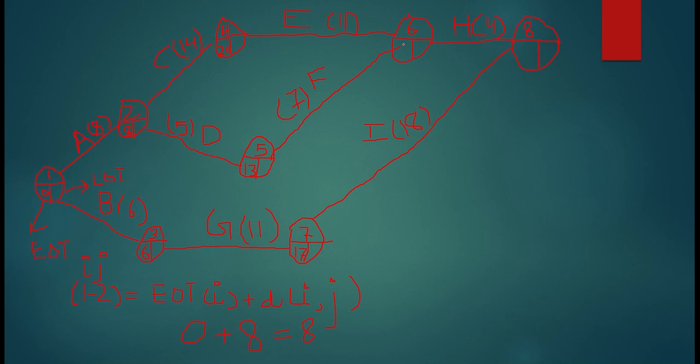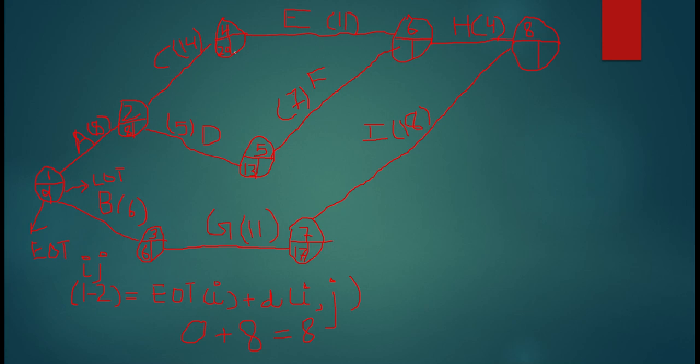Now, this is event 6. You can come to event 6 from 4, and from 5 also. Now I have to choose which path to use. When moving forward, I will choose the longest one. Why? These two activities, 4 to 6 and 5 to 6, run simultaneously, so both have to finish before we can continue.